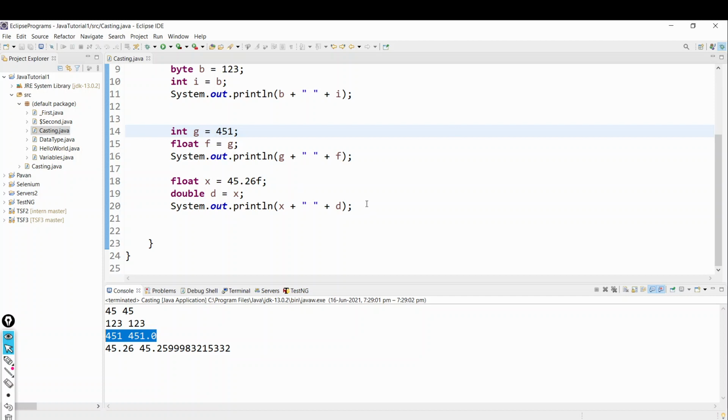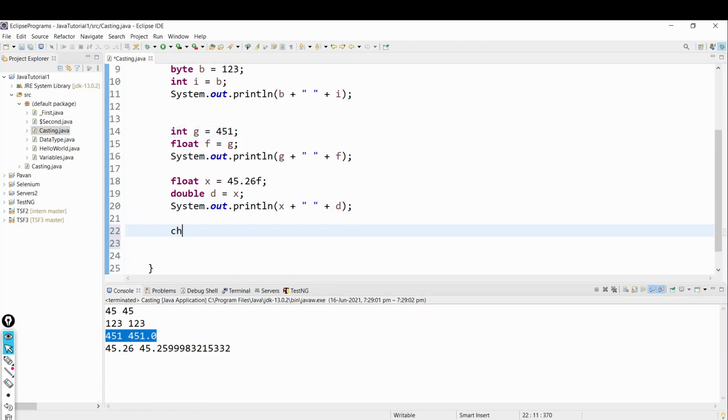So for example, as I said, char c is equal to, inside the single quote, capital letter A. And now I'll say int y is equal to c. Now what will be the output?